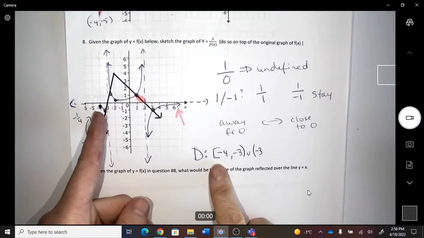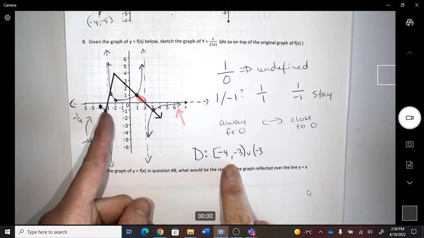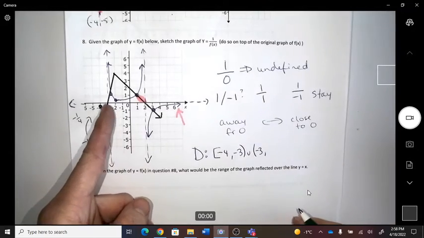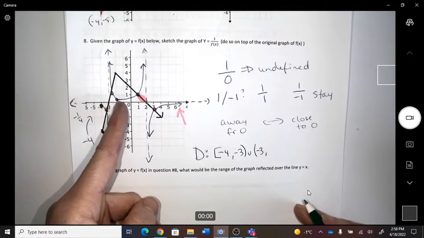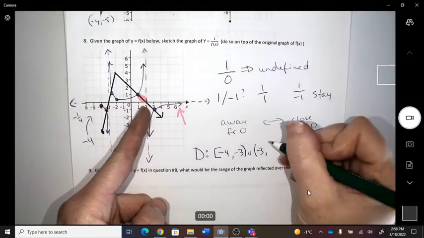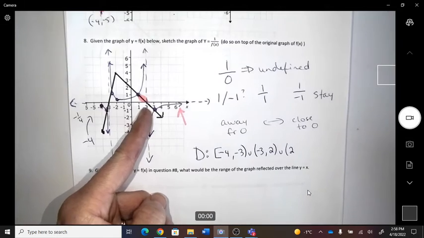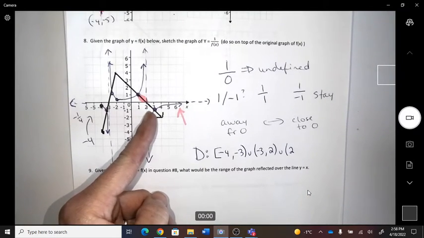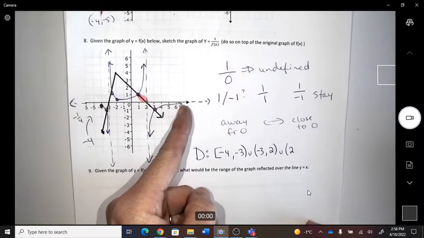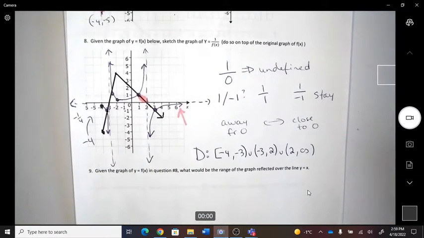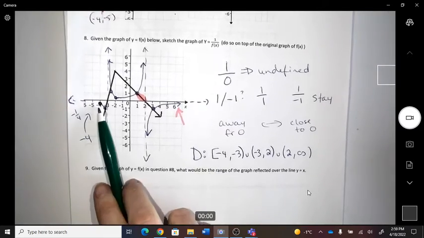I'm going exactly from -4, and as I get to -3, I have to jump over it. And then I get to go again. So from -3, I'm going, oh, I got to 2. I have to jump over it. And then I restart at 2 again, and this arrow says I keep going. So do you understand, round brackets mean you get close to something, but you don't hit it, right? But this was a square bracket because you were there.